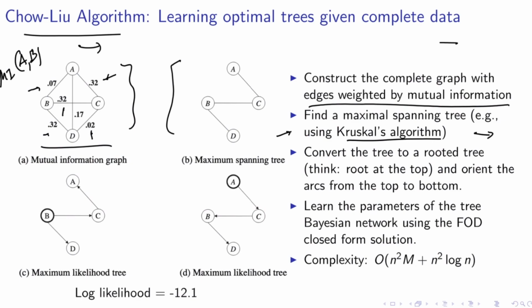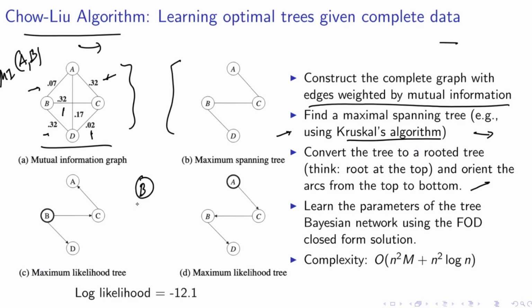So once you have found the maximum spanning tree, you can convert it to a rooted tree, right? So think of the rooted tree with the root at the top, and then orient the edges in the Bayesian network from top to bottom. Okay, so an example will be, let's say I think of B as my root.